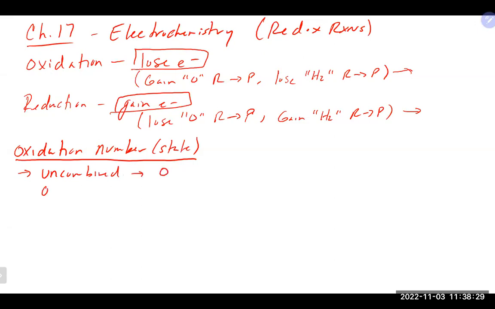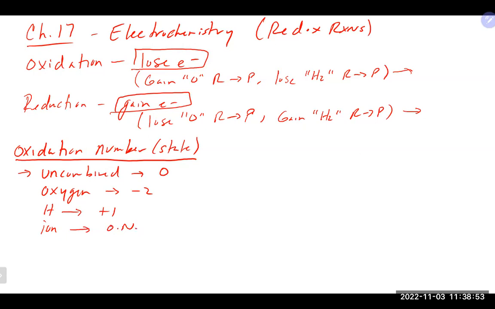If you have oxygen, that's usually a good place to start. It will have an oxidation number of -2, unless it's a peroxide. Hydrogen is typically +1, unless it comes after a metal, then it will be -1. Any ion that has a charge will have an oxidation number the same as its charge.